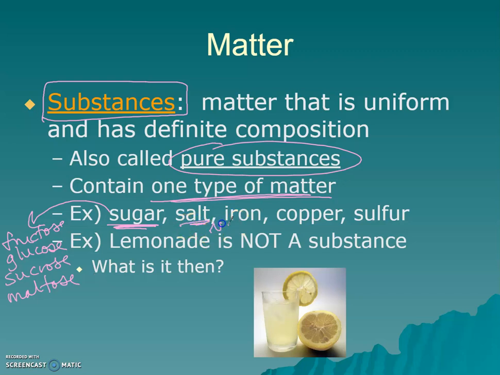Salt, our good friend NaCl, is going to be consistent all throughout. It's going to be the same. Iron, copper, sulfur, all of those are pure substances. But do you know what is not?